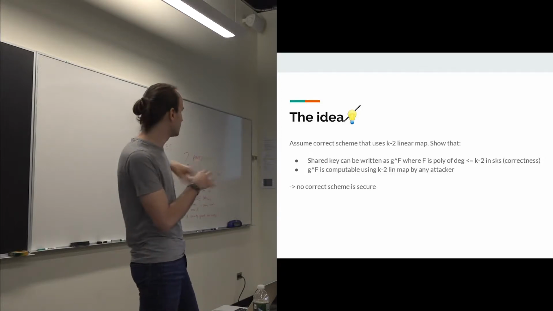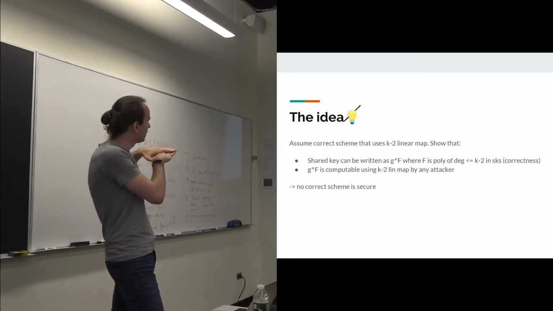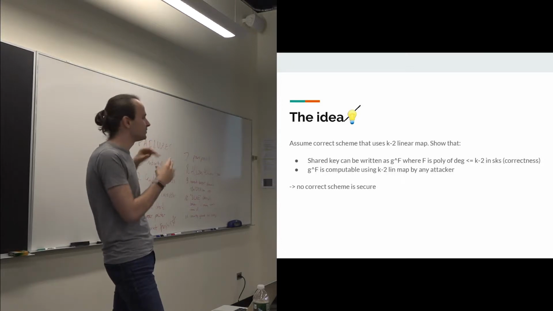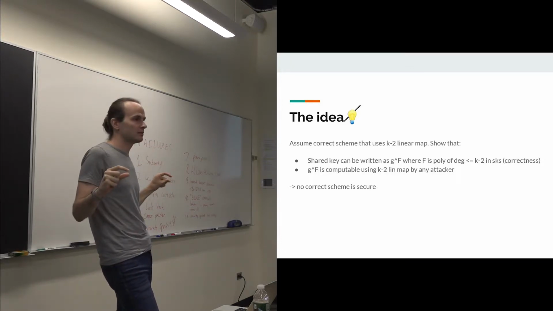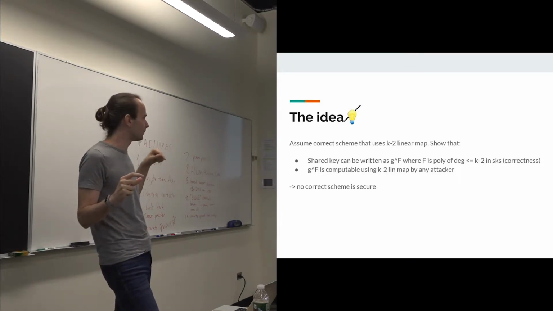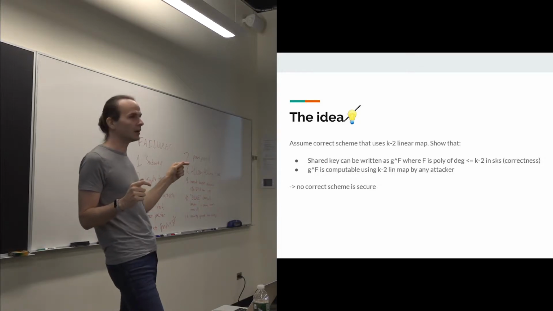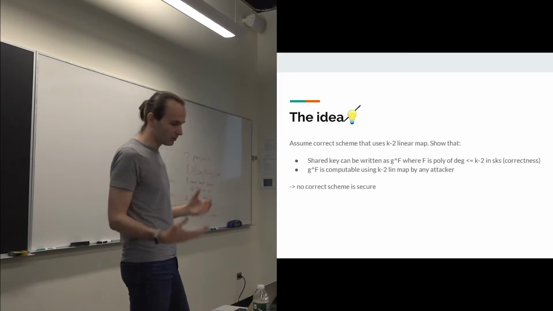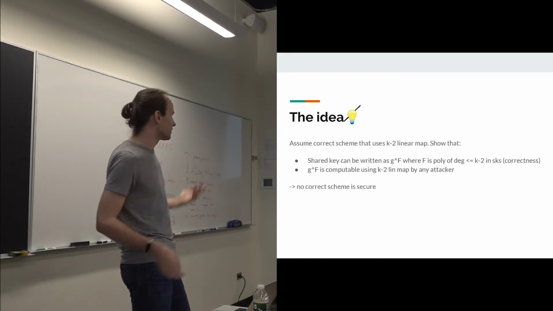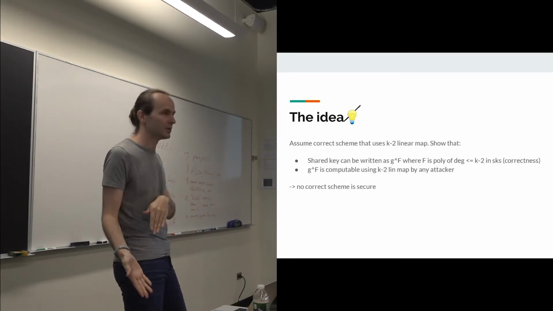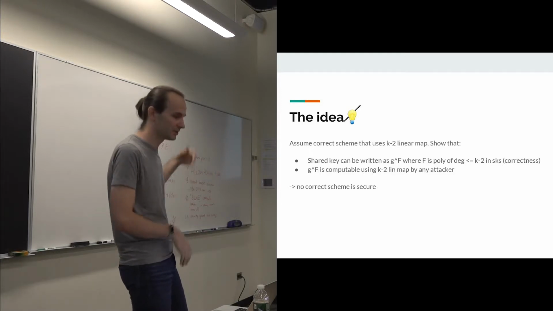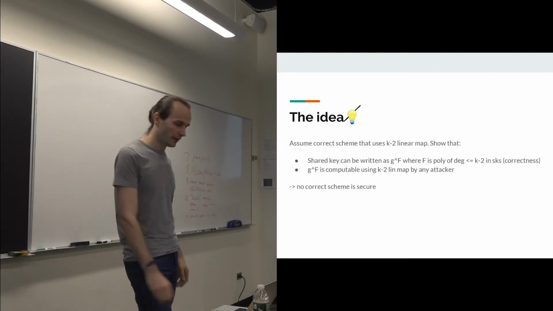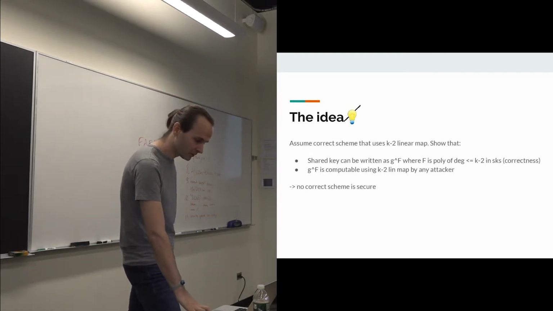And once we have that in place, the next step is to show that that class is something that any attacker can compute. So these two facts combined really show that no correct scheme is secure with all those restrictions and so on. Yeah. Cool.